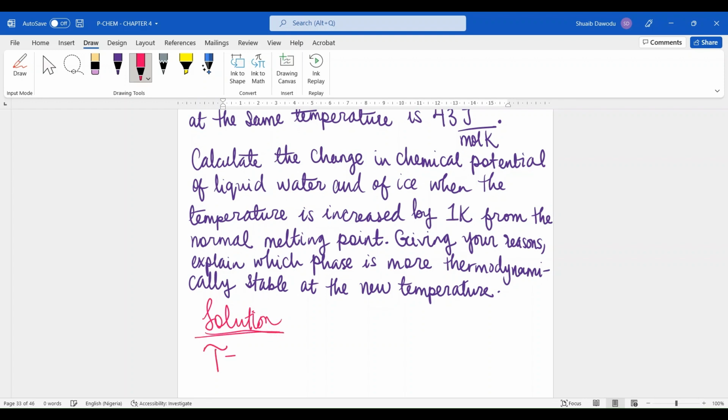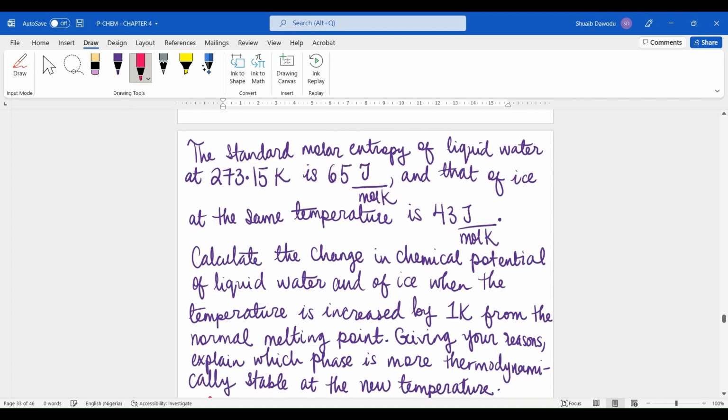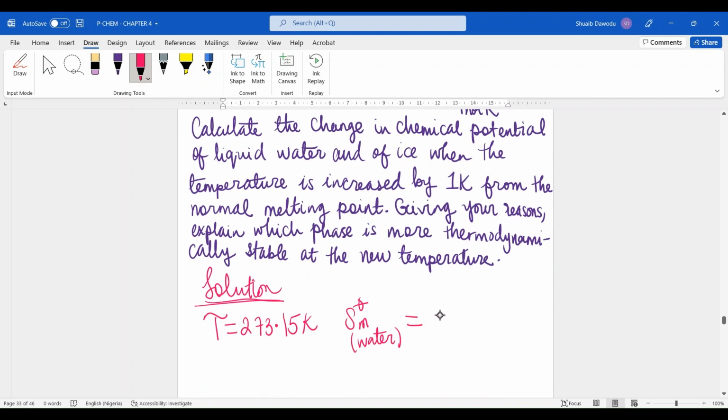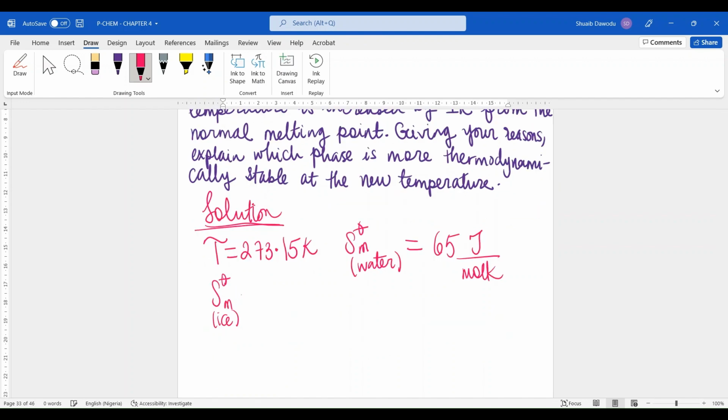The temperature is 273.15 Kelvin, the molar entropy of water is 65 joule per mole Kelvin, and the molar entropy of ice is 43 joule per mole Kelvin.